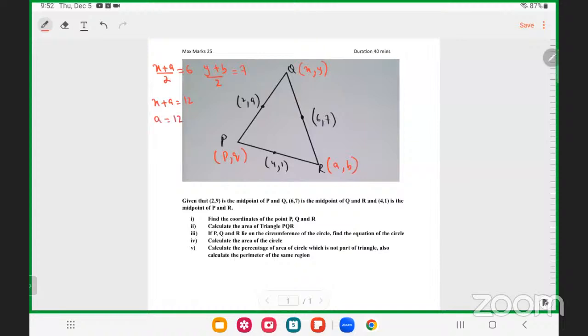A is 12 minus X. Similarly, Y plus B is 14. B is 14 minus Y.